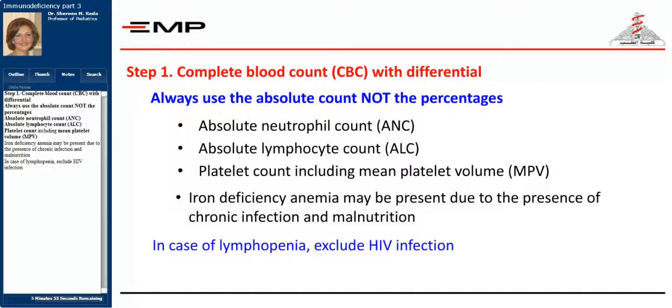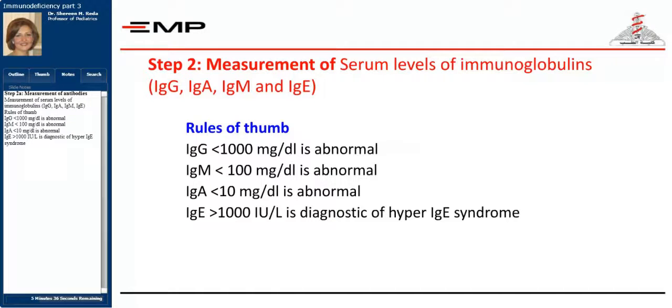And sometimes you find iron deficiency anemia due to the presence of chronic infection and malnutrition. In cases of lymphopenia, the HIV infection must be excluded first because it gives a similar blood picture and a similar pattern of the immunoglobulins.